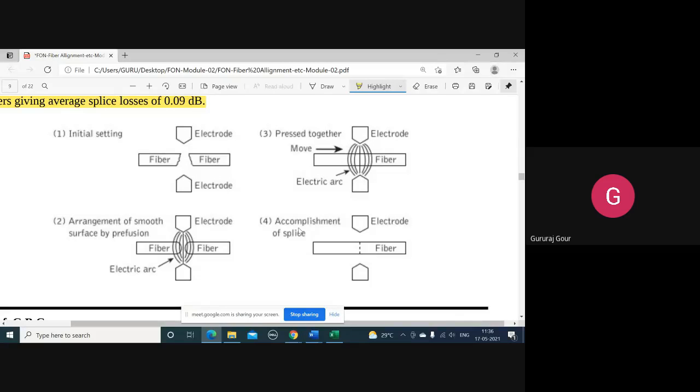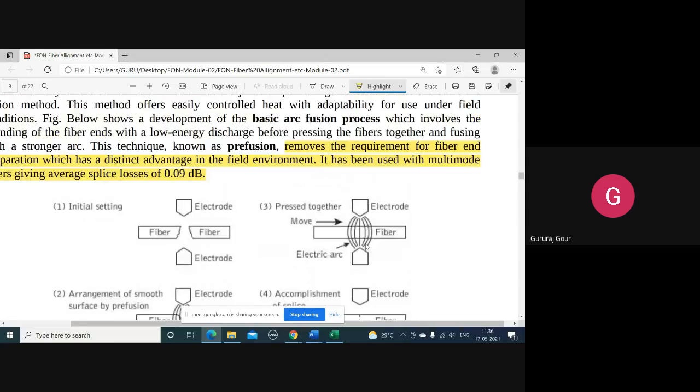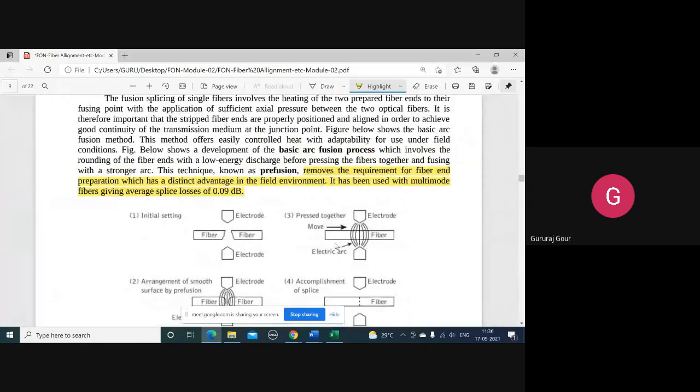Later they will be pressed and moved together to form a smooth fiber joint, depending on how much they expanded and how much electric arc heating was produced. Later the electric arc is removed after the formation of the splice, as is clear in the fourth step.